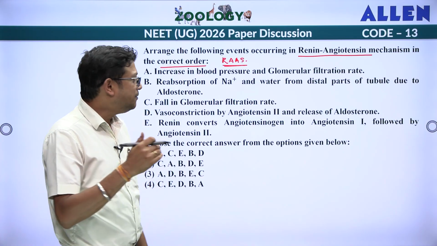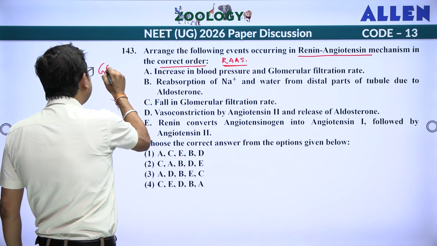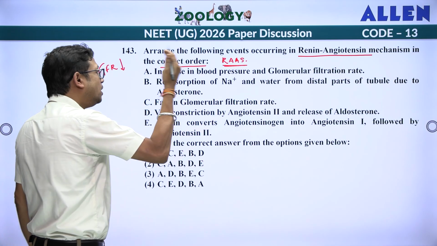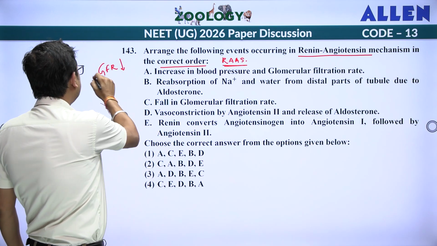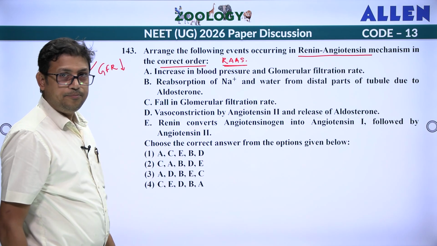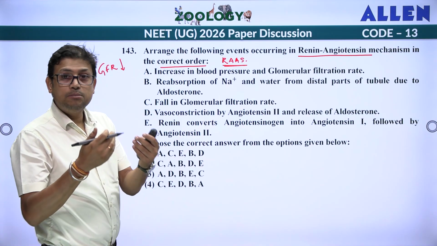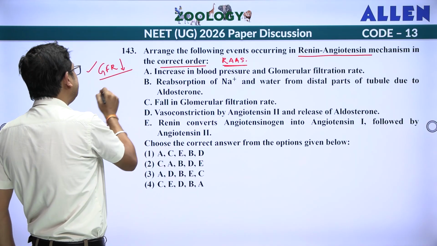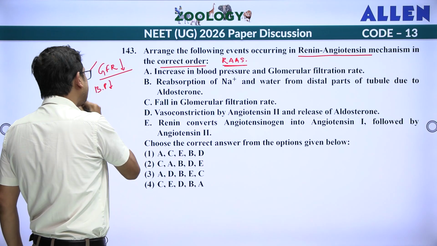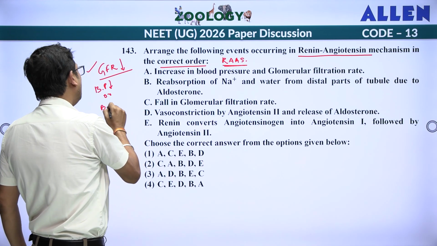So, then what happens? GFR will be reduced. So, when the GFR is reduced, your RAS mechanism will be activated. So, what is the trigger? Trigger is fall in GFR. Okay, that may be due to the decrease in blood pressure or blood volume. So, why does GFR decrease? Either your blood pressure decreases or blood volume decreases.